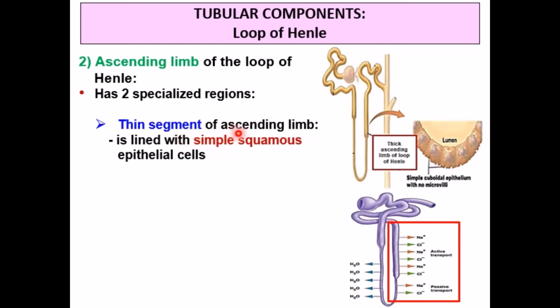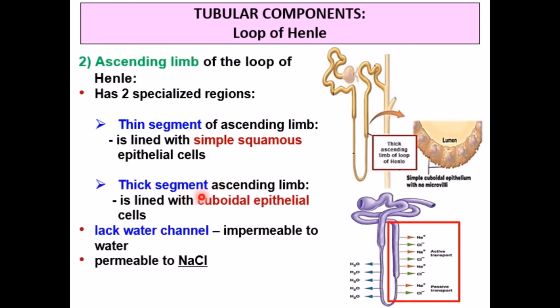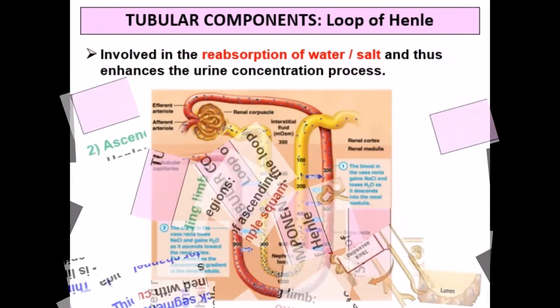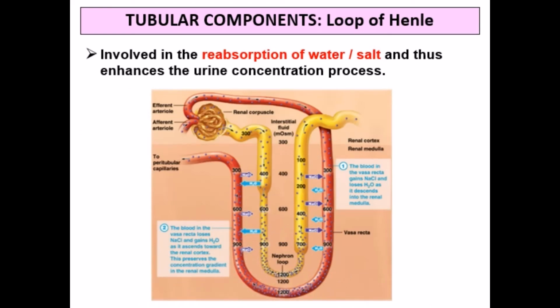First, the thin segment of the ascending limb, this one, that is lined with simple squamous epithelial cells, and the thick segment of the ascending limb, this one, that is lined with cuboidal epithelial cells. The ascending limb lacks water channels, which gives impermeability to water but permeability to NaCl or salt. The loop of Henle is involved in the reabsorption of water and salt and thus enhances the urine concentration process.